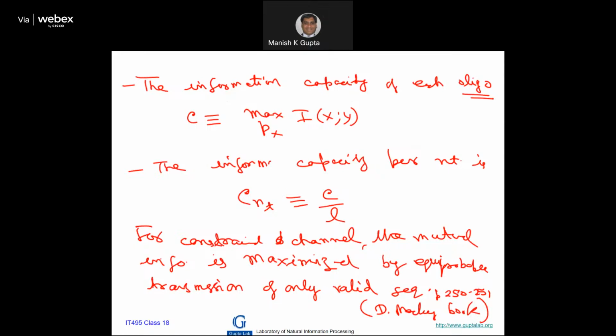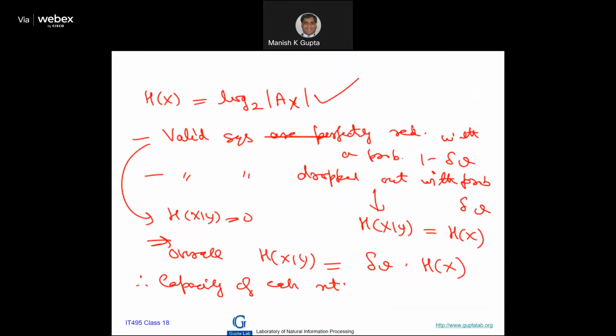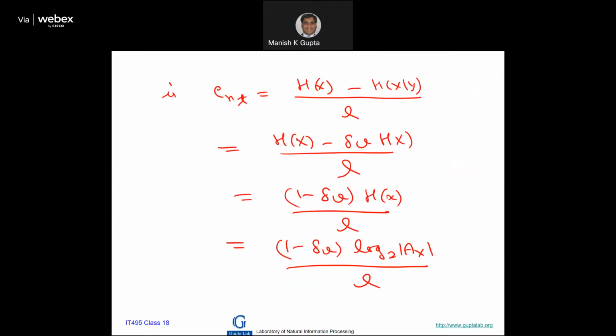And the information capacity per nucleotide is C_nt equal to C divided by L. So we did these calculations and arrived at C_nt being (1 minus delta V) times log base 2 of the size of AX, divided by L. Right, so we arrived at this.